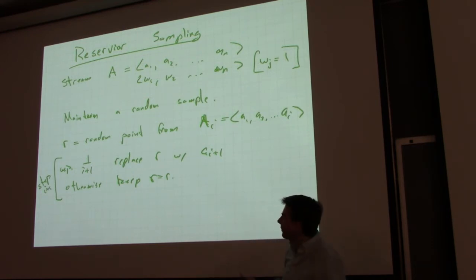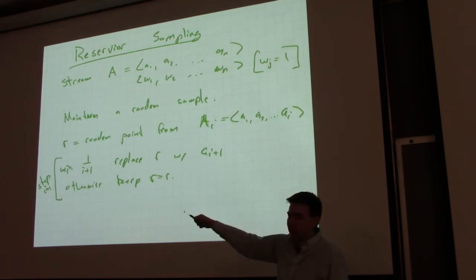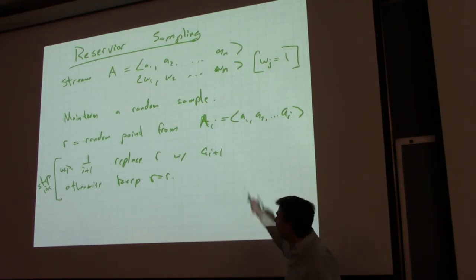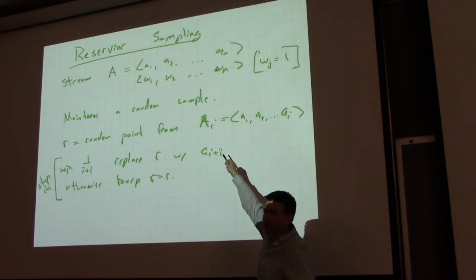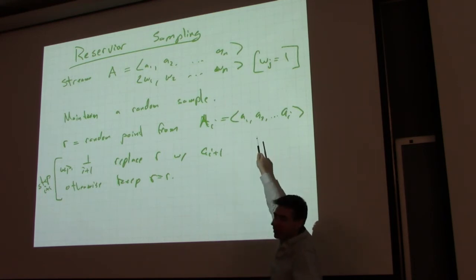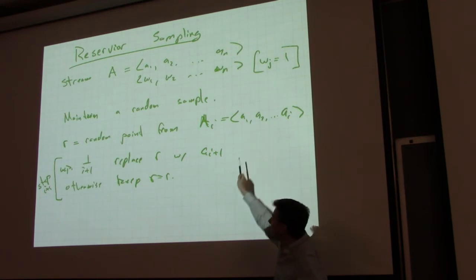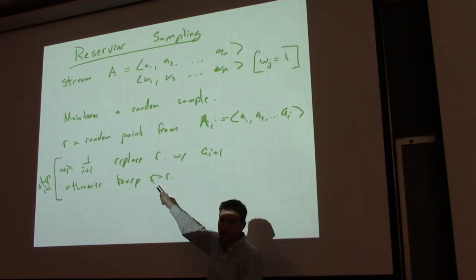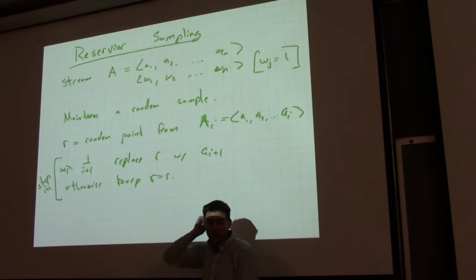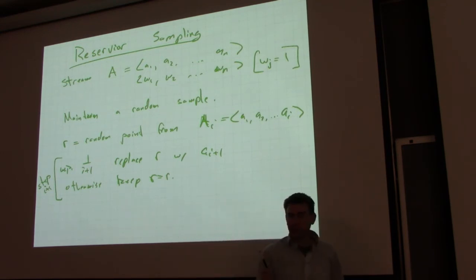So after A_i is A1, this is what I've seen so far. Then if this is A2, I've seen the first two things, and i plus 1 is equal to 3. It's a stream, and it's just for that one point. So I just do it for one point. Yeah.